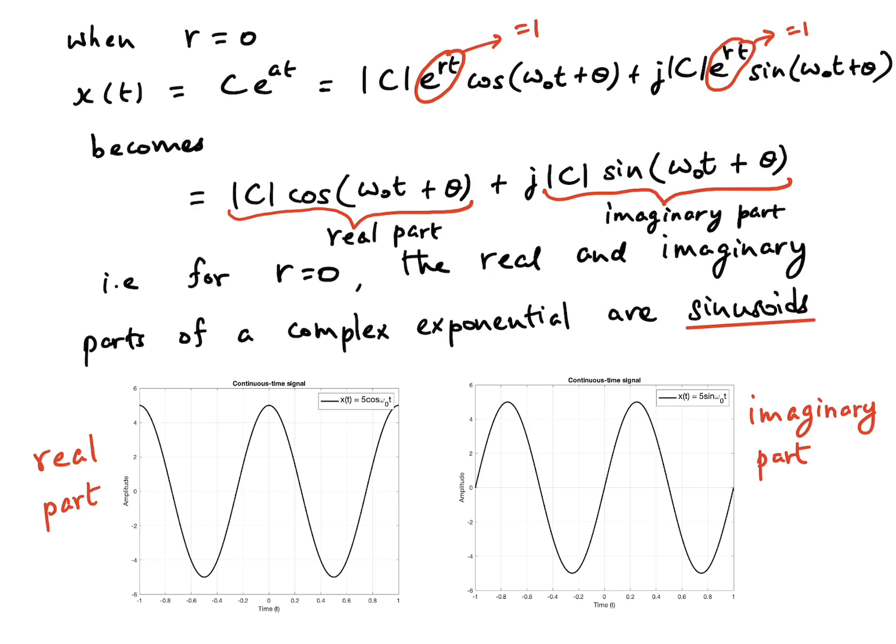So in that case, we get a complex exponential which has its real and imaginary parts as sinusoidal signals. In specific, the real part is going to be a cosine waveform and the imaginary part is going to be a sine waveform. Sine and cosine are together referred to as sinusoids.